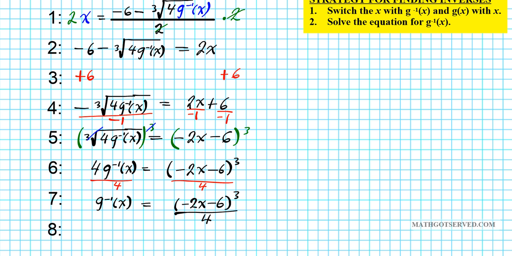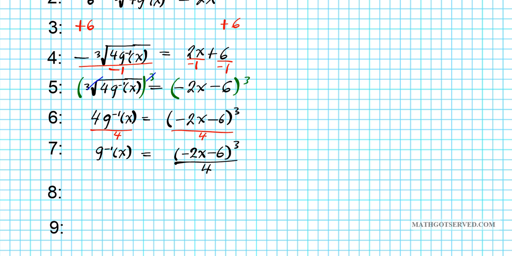Okay? Now this is a good answer, but we can simplify further. Okay, so this is an acceptable answer. If we want to simplify further, what we'll do to the right side is factor out -2.